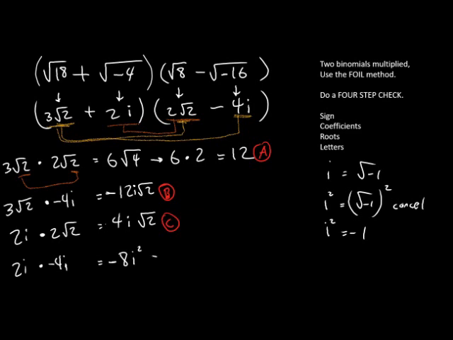So this negative 8i squared is really negative 8 times negative 1. We've replaced the i squared with negative 1. And negative 8 times negative 1 will be positive 8, and that will be our term D. Now that we have all four terms lined up, let's go to the next page and try to combine them.